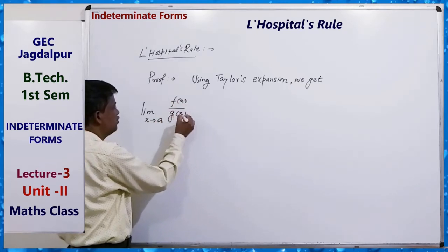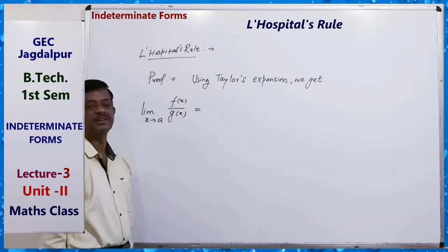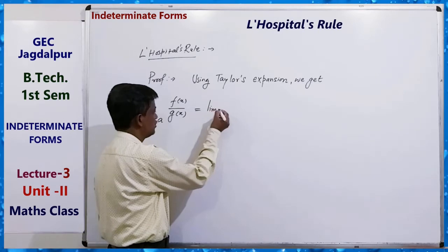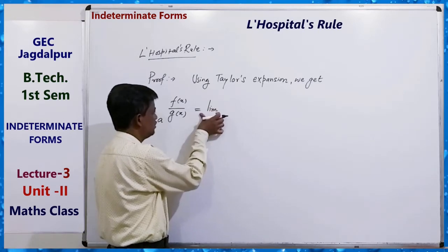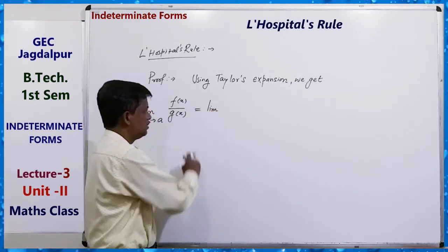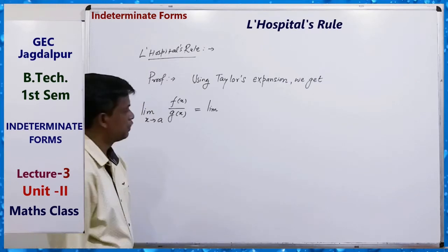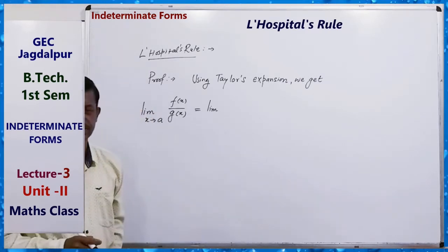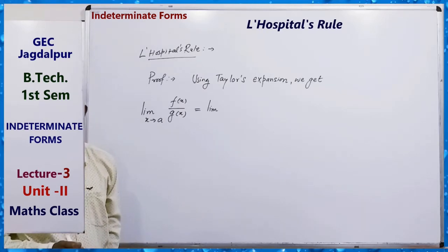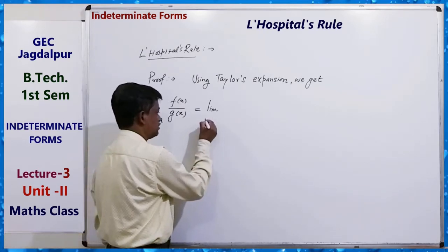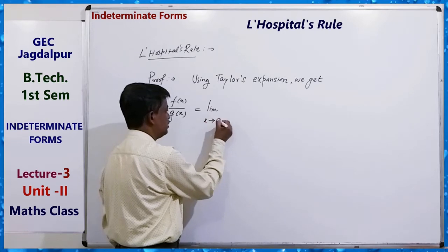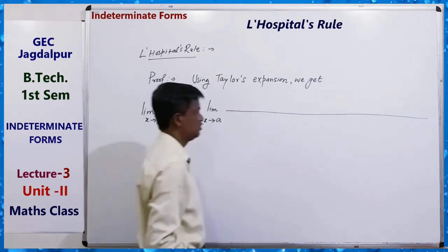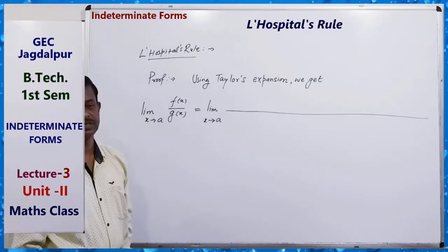We have to find the limiting value of this fraction. Just use Taylor's expansion here. We know Taylor's expansion about x equals a, so use that expansion as x tends to a, for both numerator and denominator.